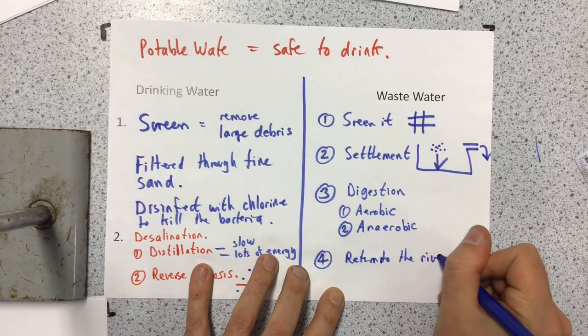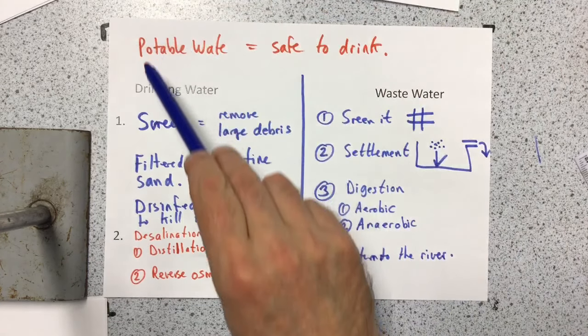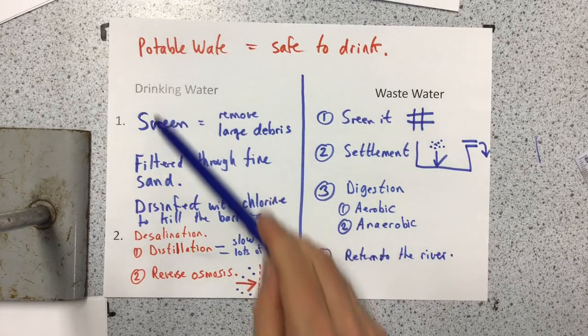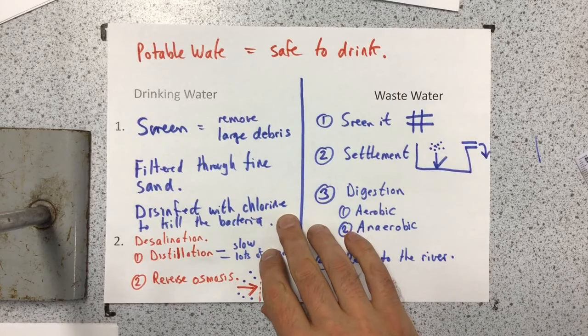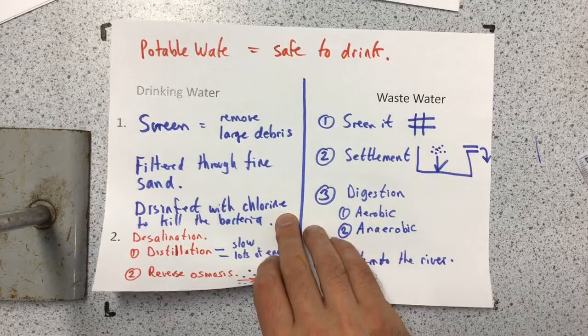Okay, that water now goes into the sea, where it will evaporate, it will rain somewhere else, and it will go all the way back around the water cycle to fill up the reservoirs and the lakes, where it will then be used to turn into clean drinking water. Okay.